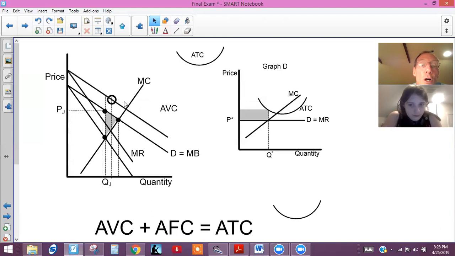So they're going to make more profit. So that's that. If you understand what I just did right there, then you're going to be able to figure out the question on the free response. Okay.